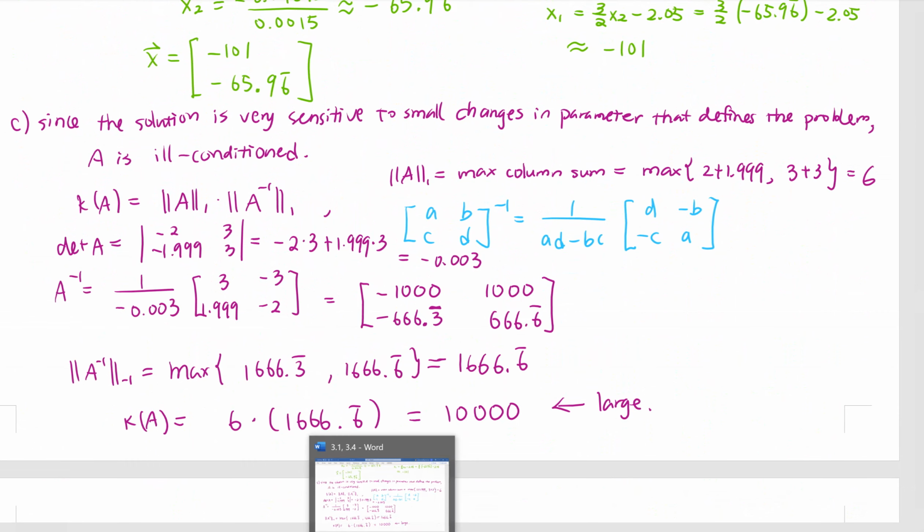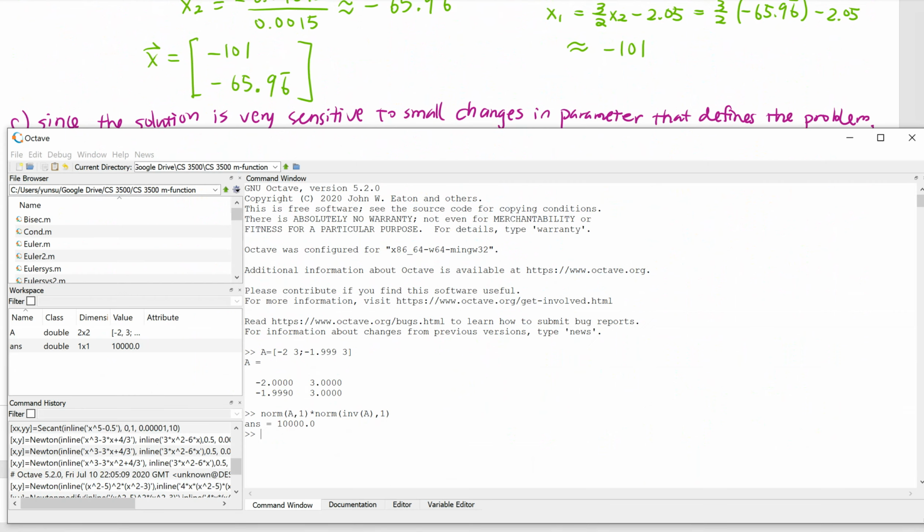And I asked you to check the other norms at home, but now let's do it. After you're done, you check whether your answer agrees with what we have now. Let's use our infinity norm to compute. We still have 10,000. If we use L2 norm to compute, we got 8,665.3.